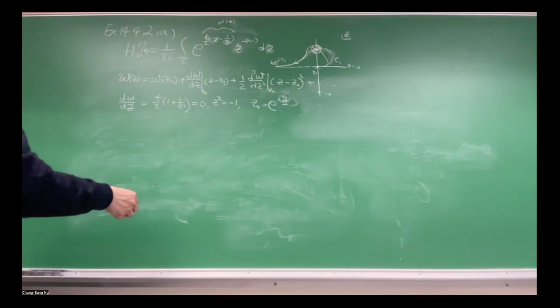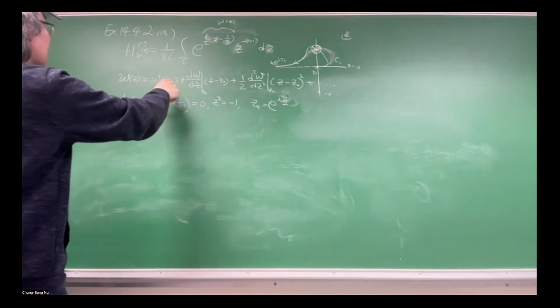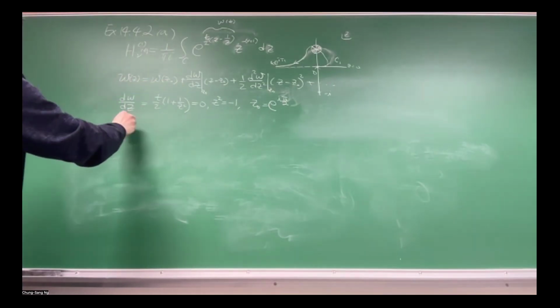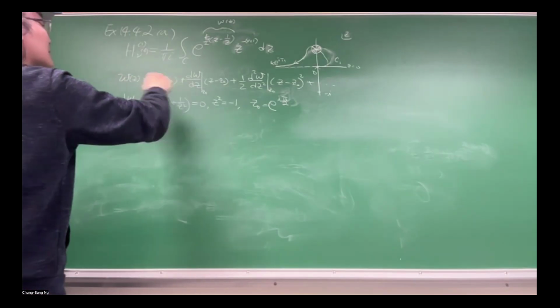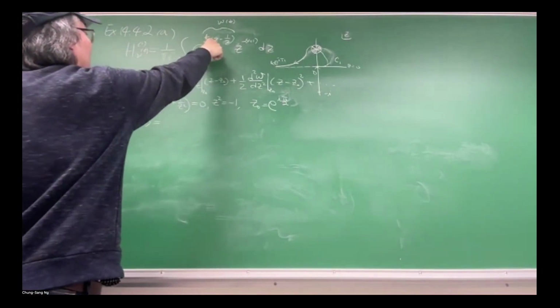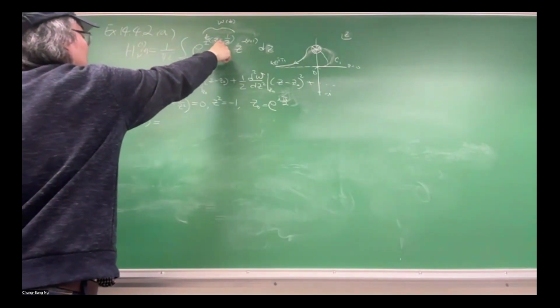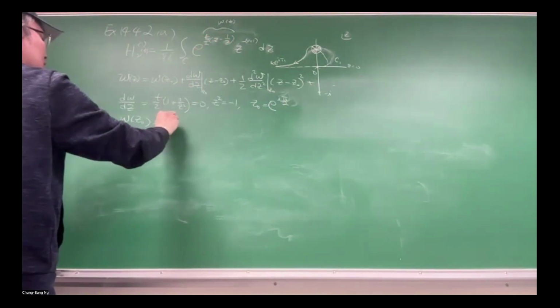And now we can evaluate this one. W at z0 is just i minus 1 over i, which is plus i, so 2i, so it's i times t.